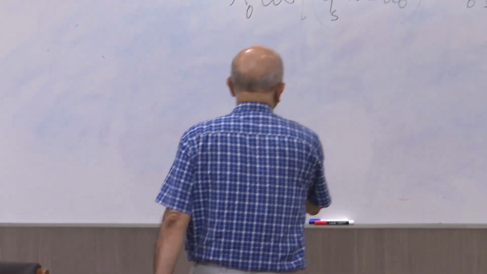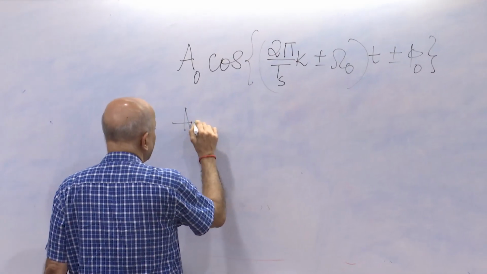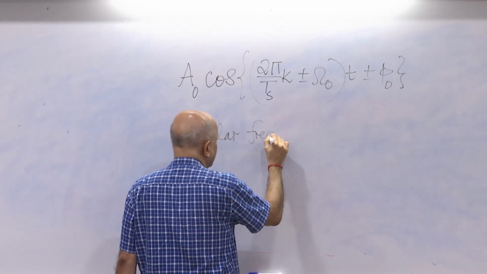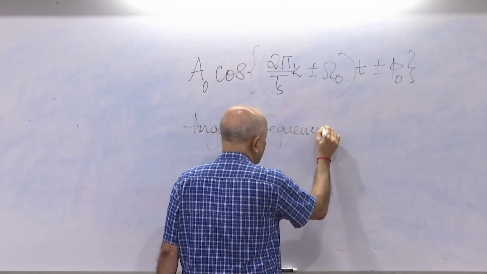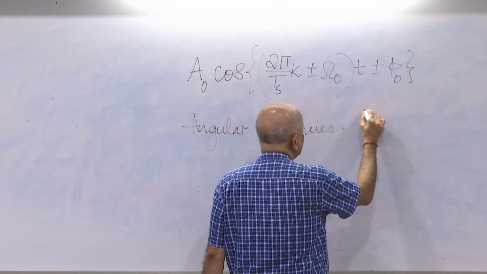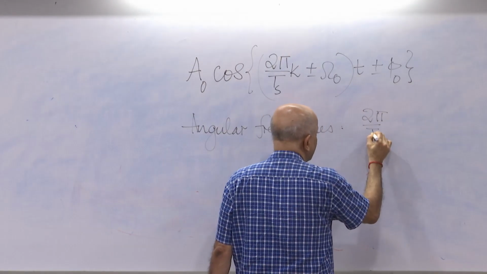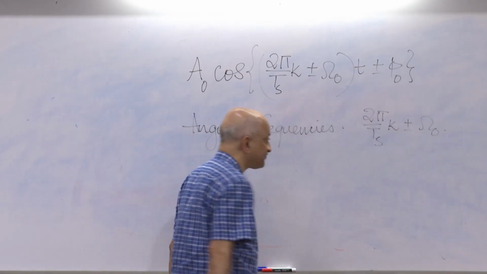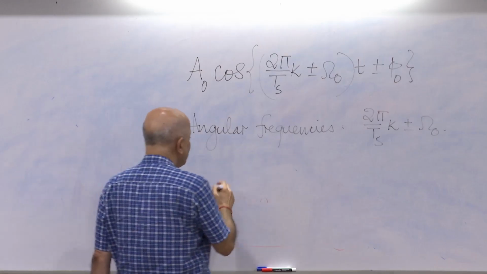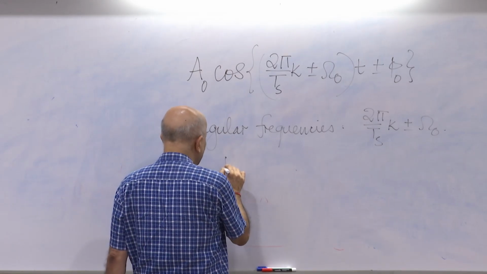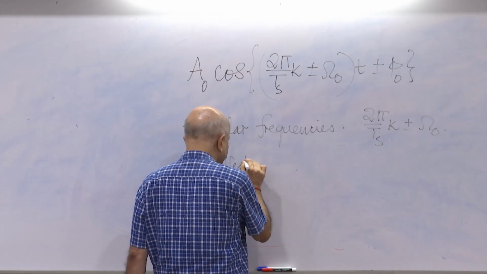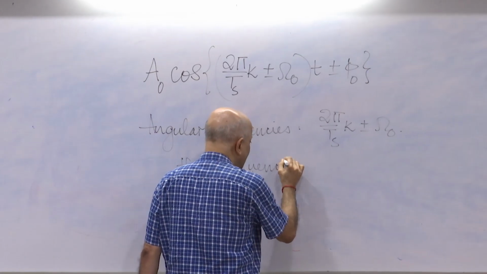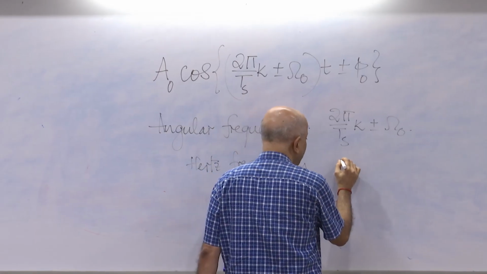So the angular frequencies are 2 pi by Ts times k plus minus omega naught. So the Hertz frequency, cycles per second, frequencies are divided by 2 pi.